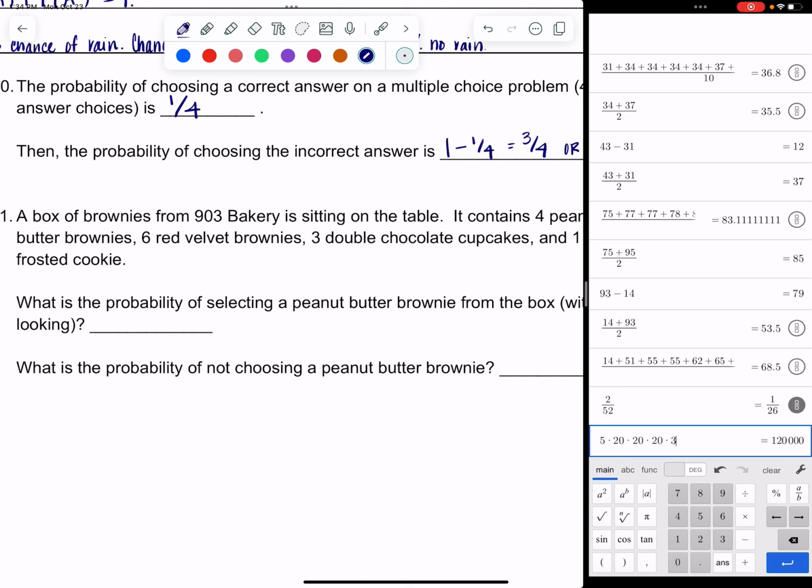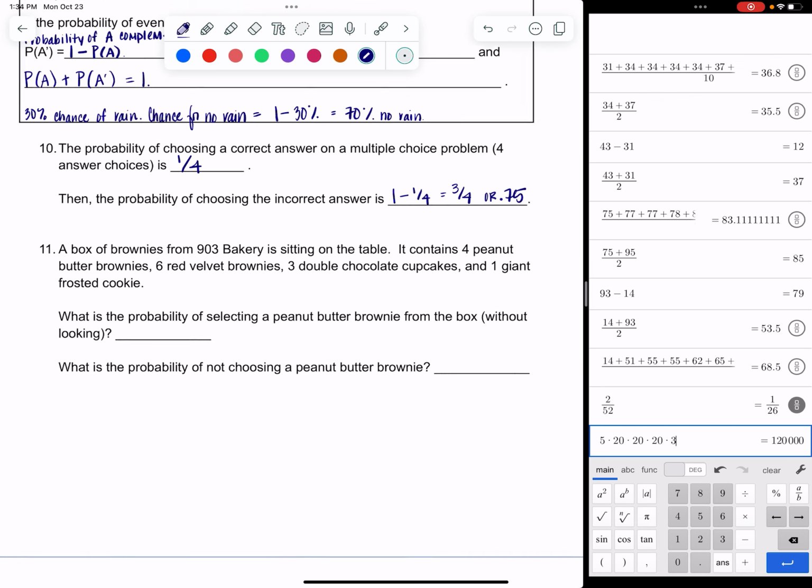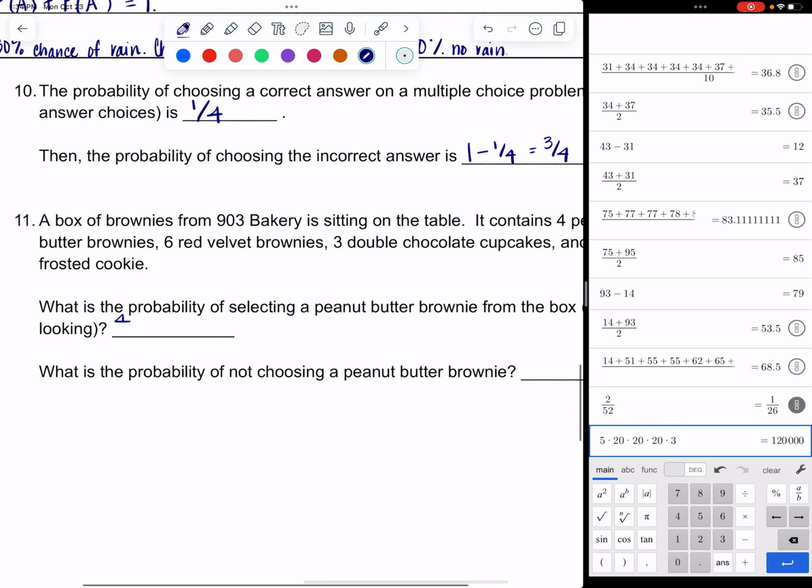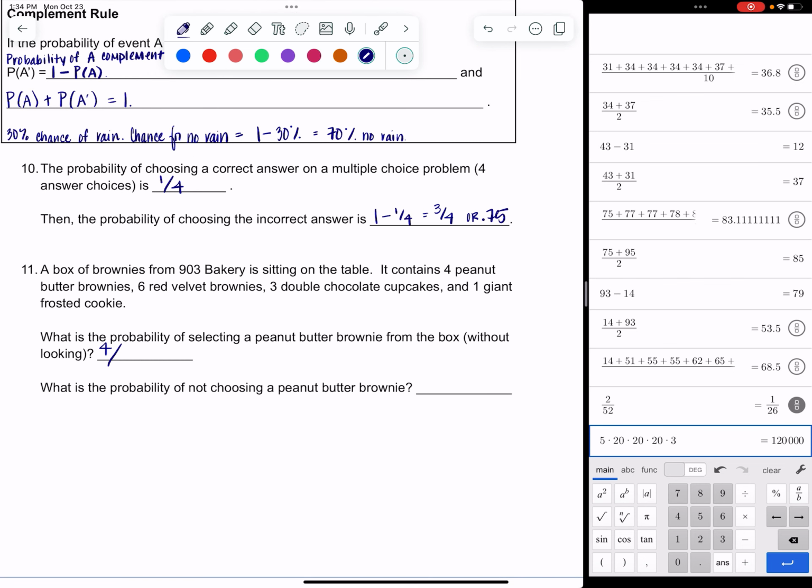In order to find the probability of selecting a peanut butter brownie, we need to know how many peanut butter ones there are. It says that there are 4 out of a total of 4, 10, 11, 12, 13, 14 objects in the box. Now we can reduce 4 over 14 by 2 in the numerator and in the denominator.